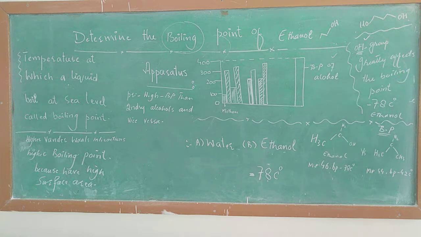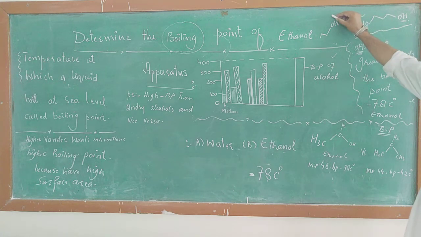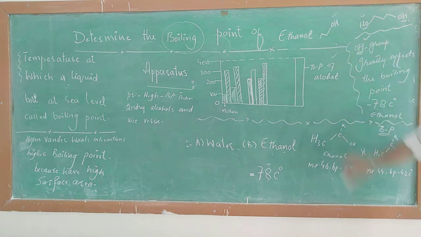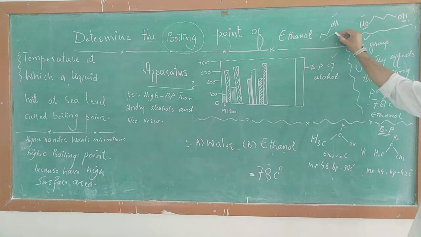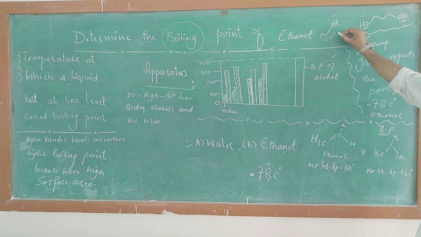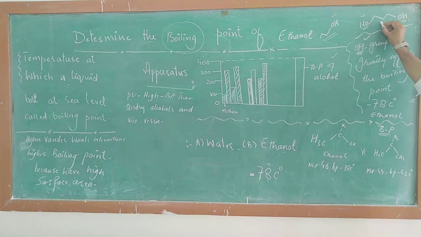If the alcohol contains more hydroxyl groups, as in this case you can see, this has two hydroxyl groups attached and the other has a single hydroxyl group attached. So the boiling point of this alcohol will be less than this one because of the higher surface area and the hydrogen bonding, as well as the van der Waals attraction.